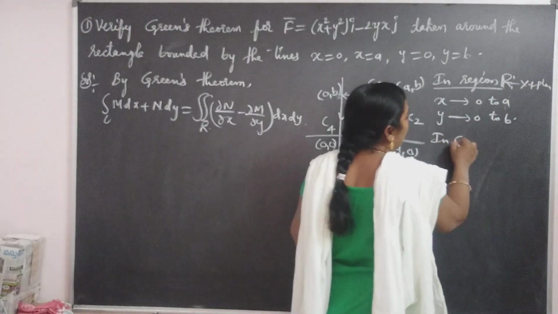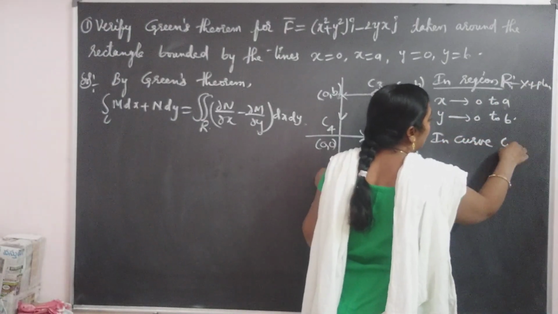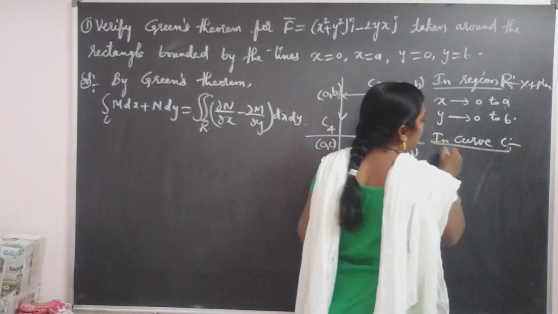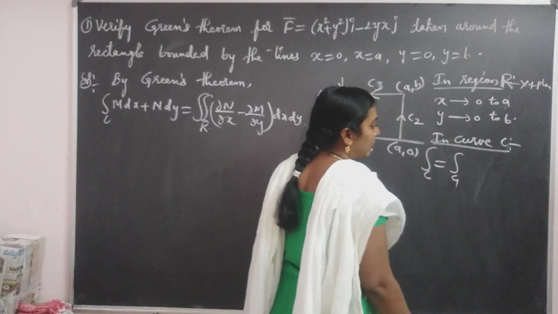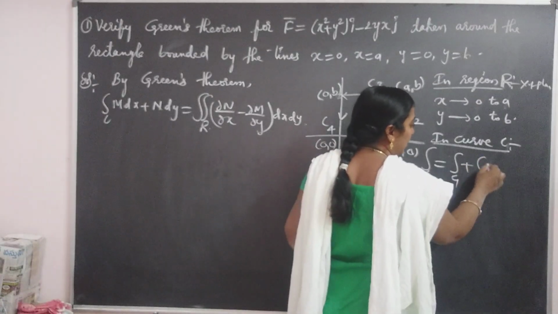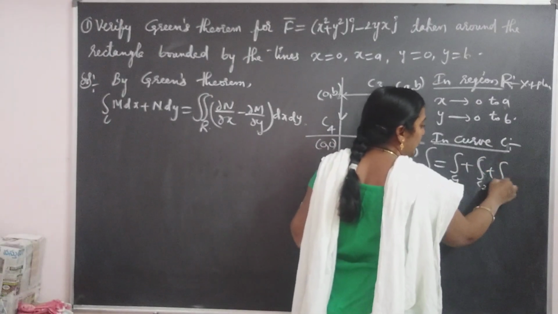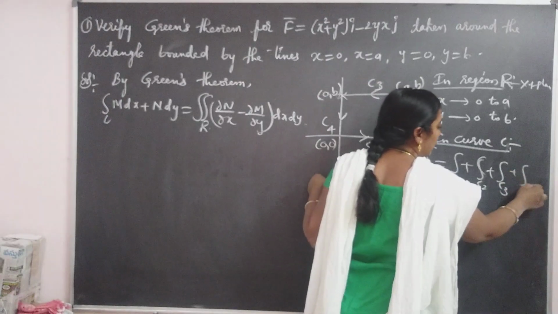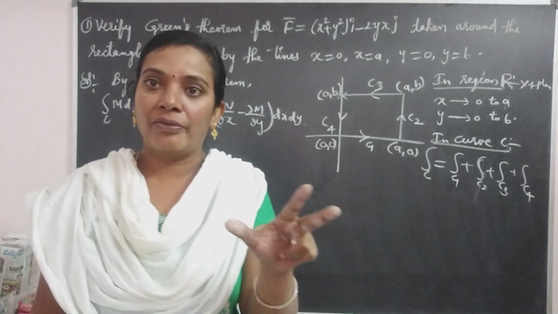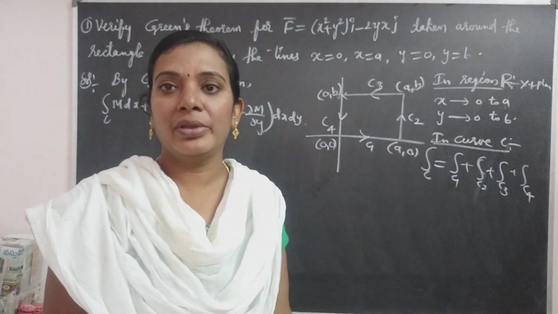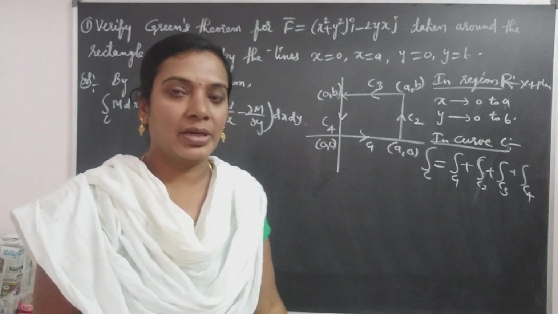For the simple closed curve C, the curve is divided into 4 curves: the integral over C1, C2, C3, and C4. The sum of the line integrals of the 4 curves makes the simple closed curve.